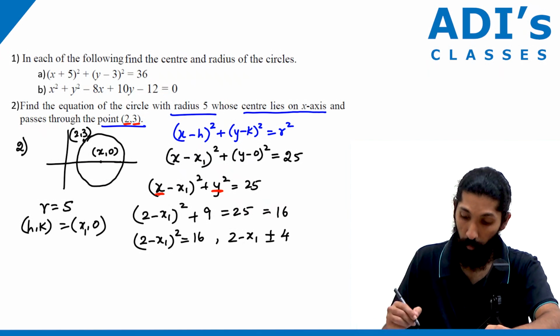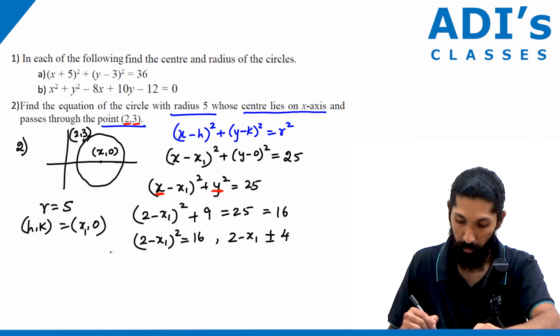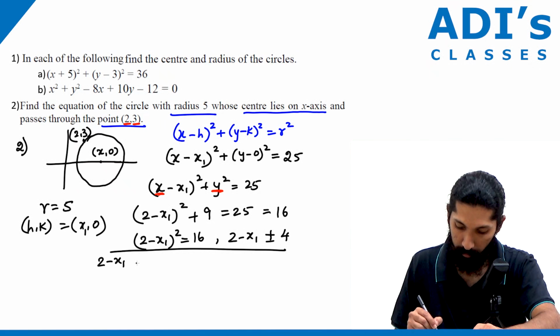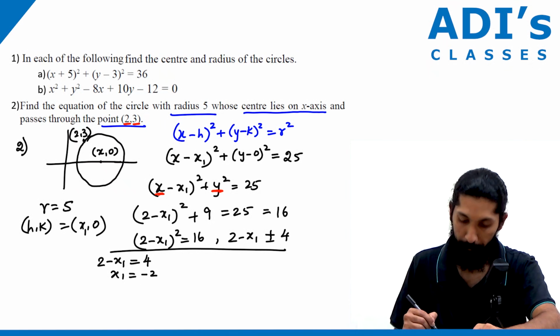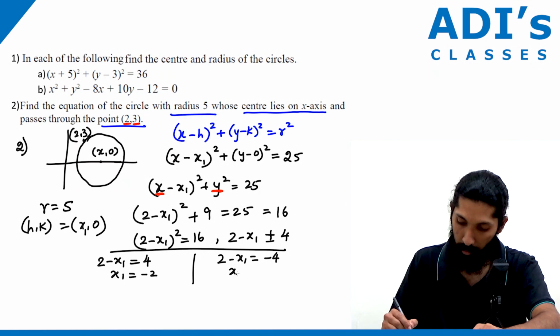Now what is x1? We are going to have two answers for x1. One, you can write it as 2 minus x1 is equal to 4. That means x1 is going to become minus 2. Or 2 minus x1 is equal to minus 4, so x1 is equal to 2 plus 4, which is 6.